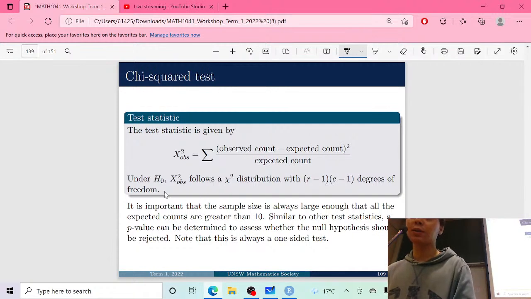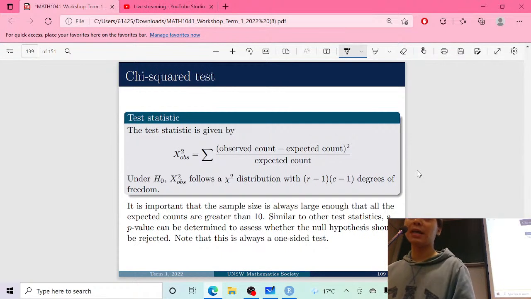Under the null hypothesis, the statistic will follow a chi-squared distribution with r minus 1 times c minus 1 degrees of freedom, where r is the number of rows and c is the number of columns.